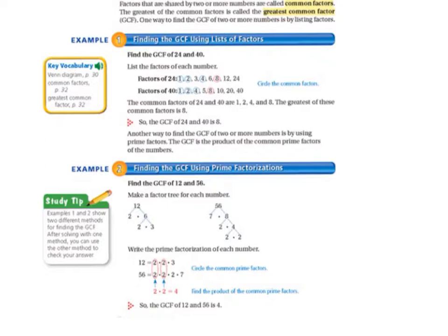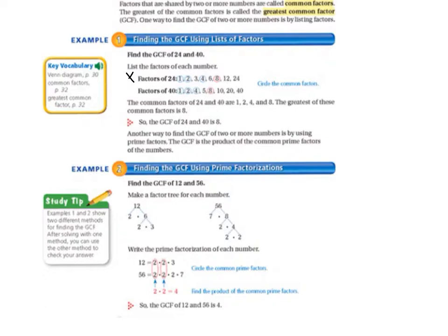Example 1 is finding the GCF using lists of factors. So we're going to find the GCF of 24 and 40. We're going to list the factors of each number. The factors of 24 are 1, 2, 3, 4, 6, 8, 12, and 24.